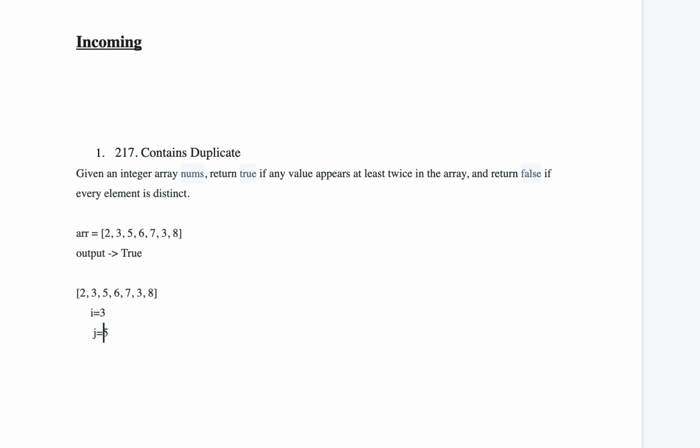So j will be equal to 5 at the beginning, because that is i plus 1, which was our first index before, but here it will be our second index, right? So it's not the same. Move to the next item, which is going to be 6. 6 is not the same. Move to the next item, which is going to be 7. 7 is not equal to i. Then the next item is going to be 3. Now we just found 3 is equal to 3, and then we can return true.